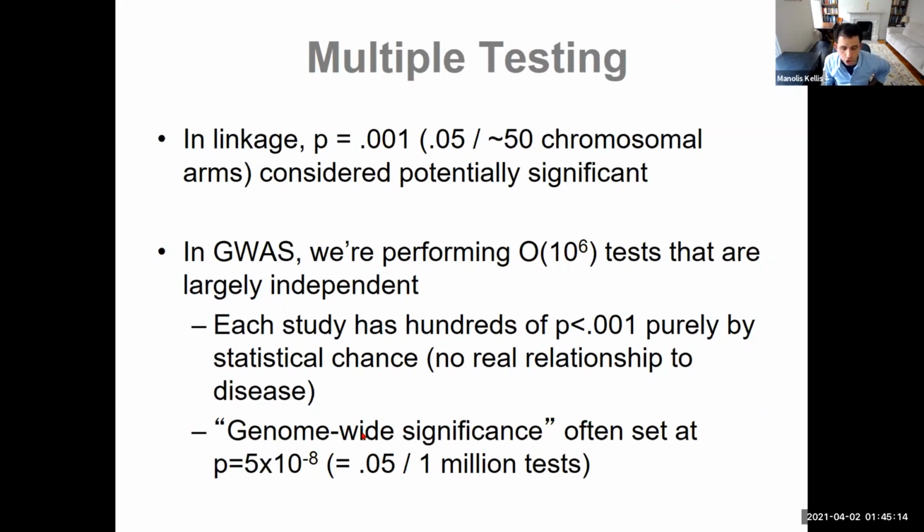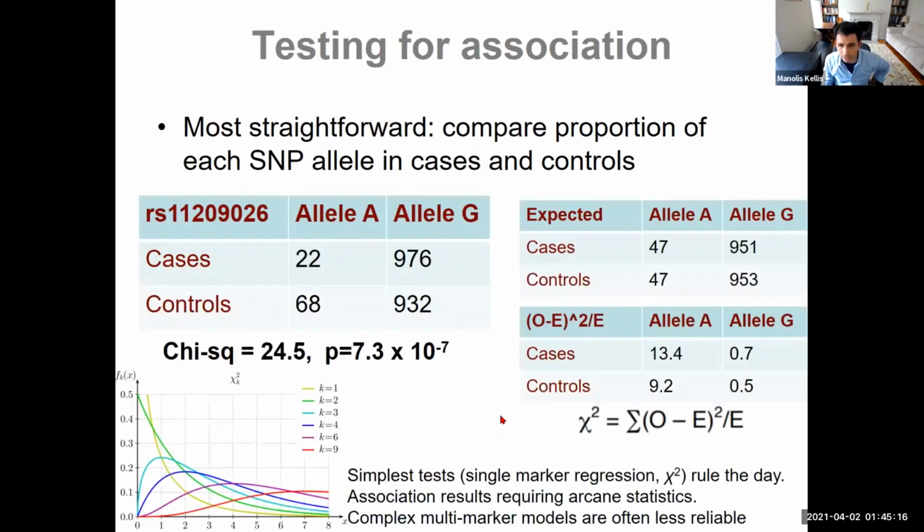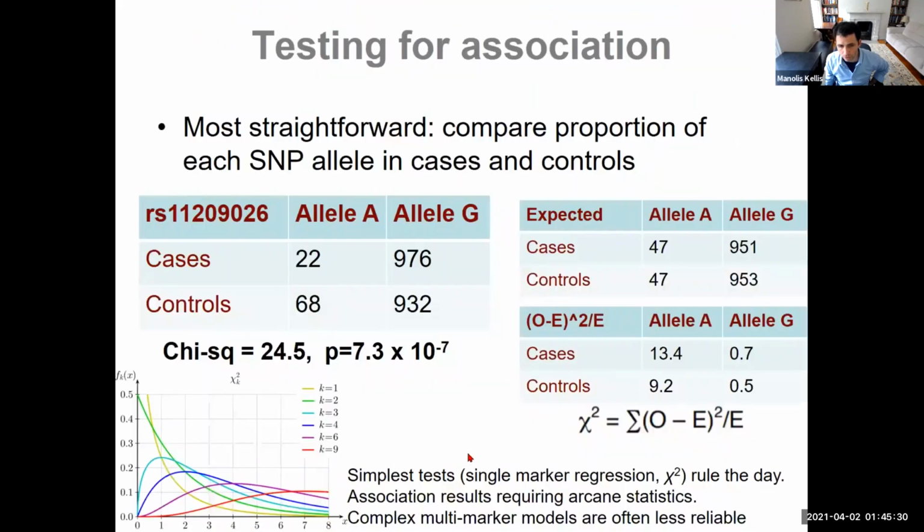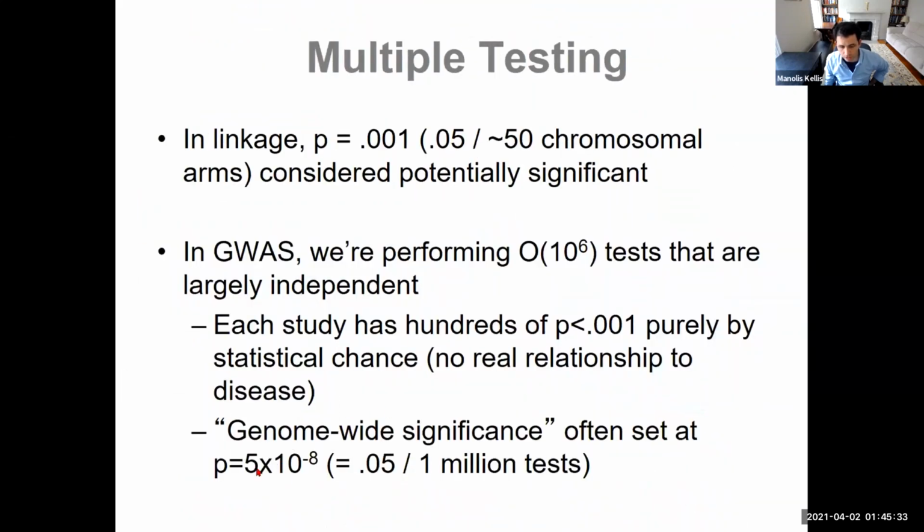And that's where genome-wide significance comes in. And that's where this red line comes in. This red line basically tells me, given the enormous number of tests that I'm carrying out, I'm not going to get excited unless something has a 10 to the minus 8 p-value. Or 5 times 10 to the minus 8, so slightly less significant than 10 to the minus 8. That's what we define as genome-wide significance.